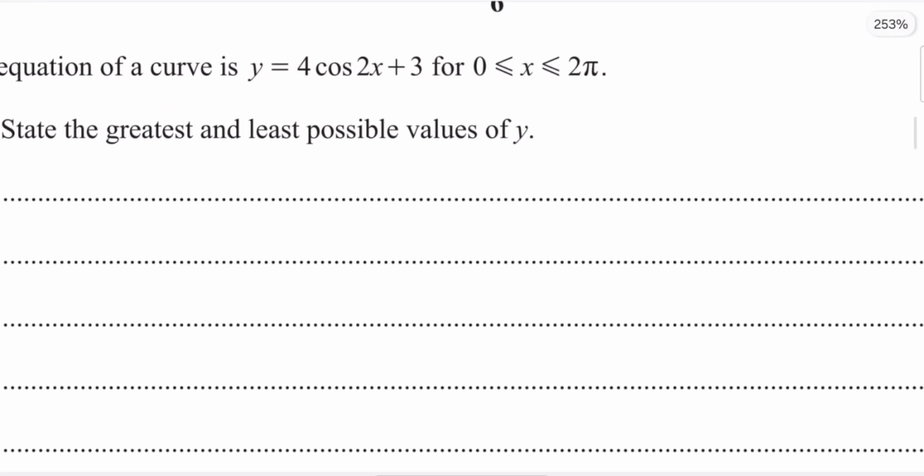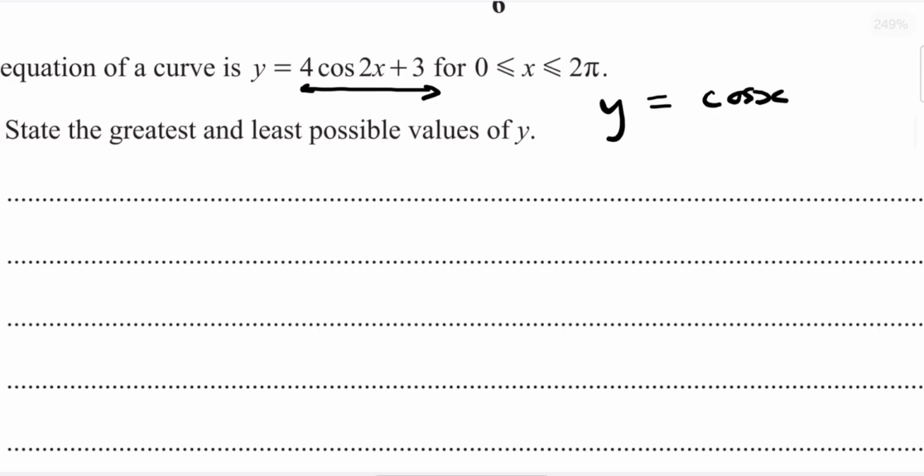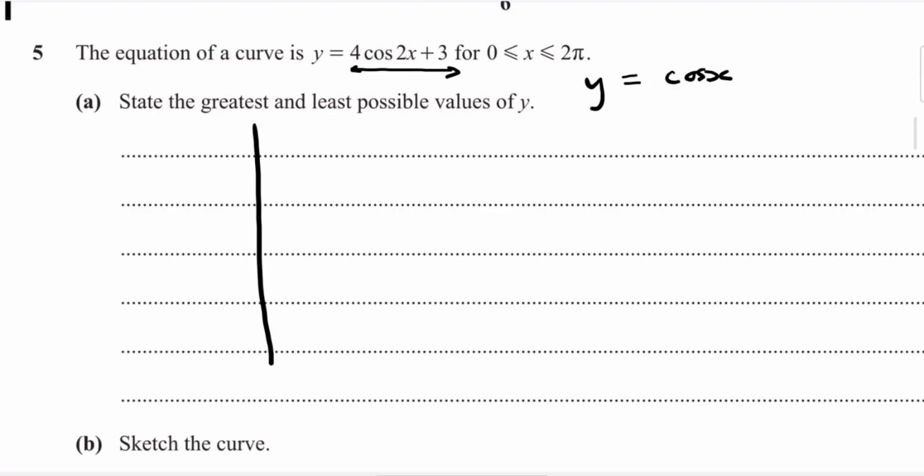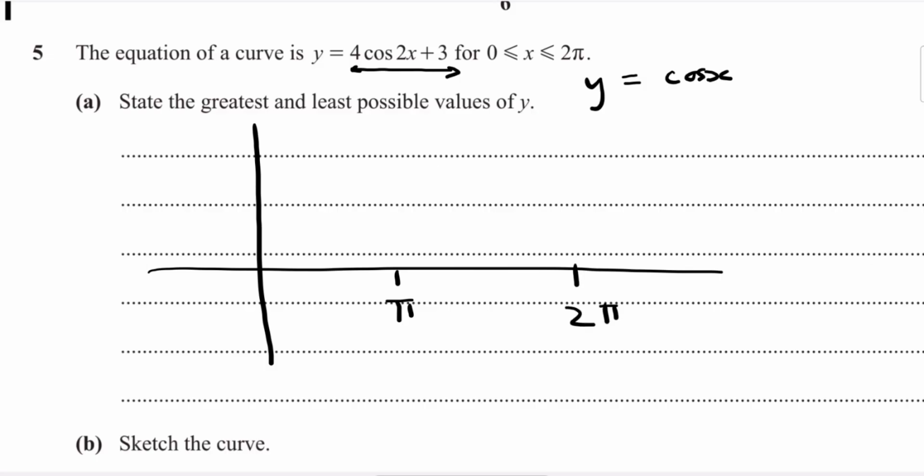So if we look at this, we can see the transformations that were applied to y equals cos x. And we know for y equals cos x, we have pi and 2 pi.